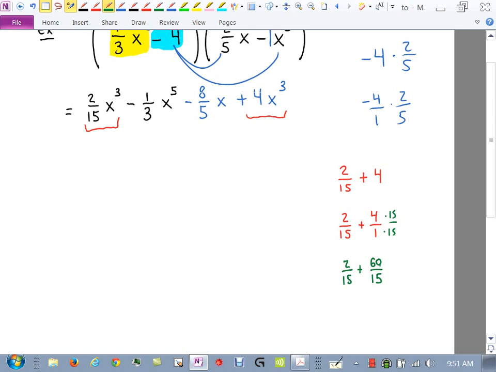And now that they have the same denominator, you just add across the top. 2 plus 60 is 62 divided by 15. So I'm ready for my final answer. I have 62 over 15 x cubed minus 1/3 x to the 5th minus 8/5 x.